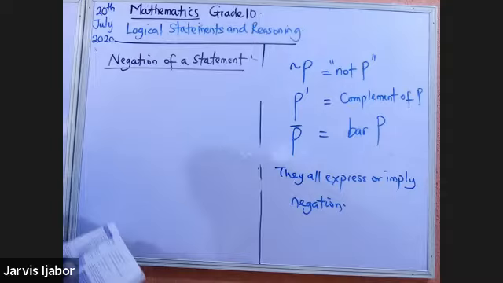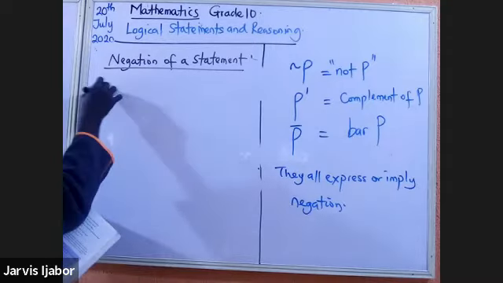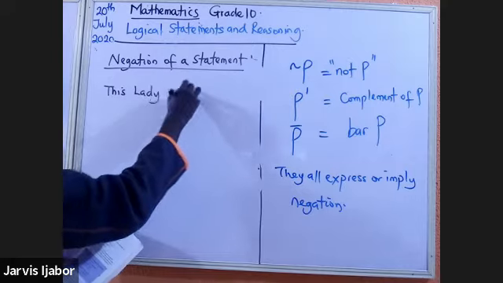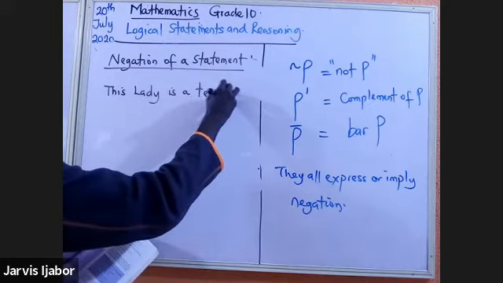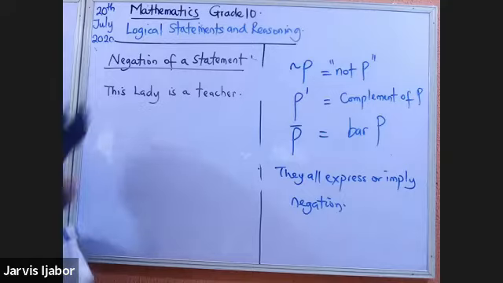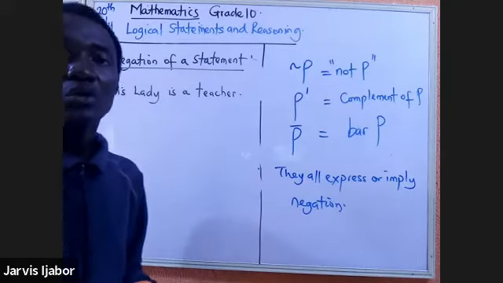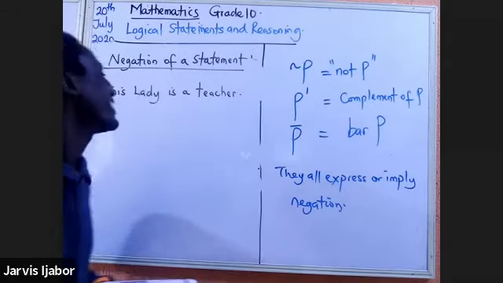So look at this. This lady is a teacher. That is the statement. This lady is what? A teacher. So what would be the negation?